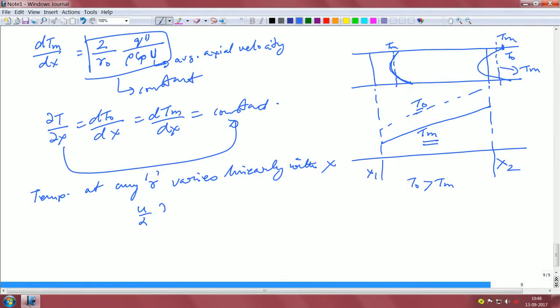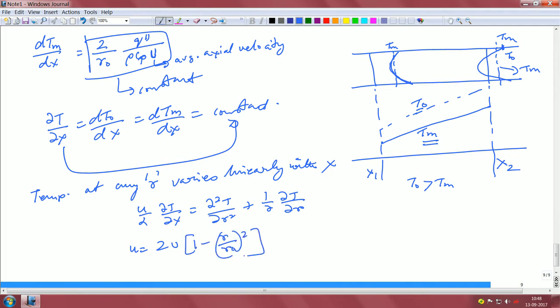Again the equation is still the same: u ∂T/∂x = α[∂²T/∂r² + (1/r) ∂T/∂r], right. u we already know is given by 2ū(1 − (r/r0)²), where ū is given by −(r0²/8μ) dp/dx.